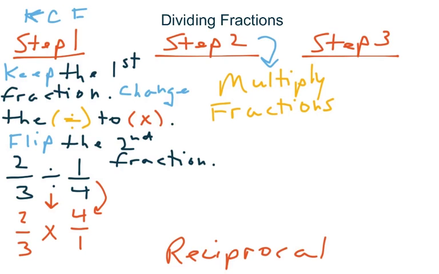So in the example, we have 2/3 times 4/1. When we multiply fractions, we multiply the numerators at the top and we get 8. And then 3 times 1 at the bottom gives me 8/3.